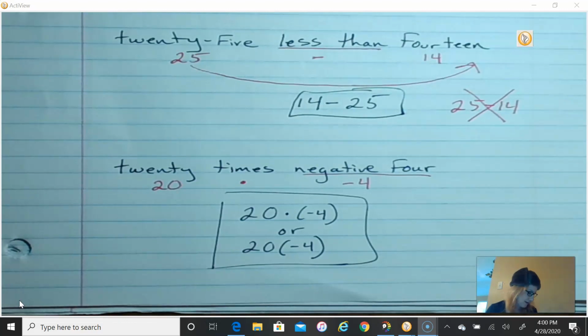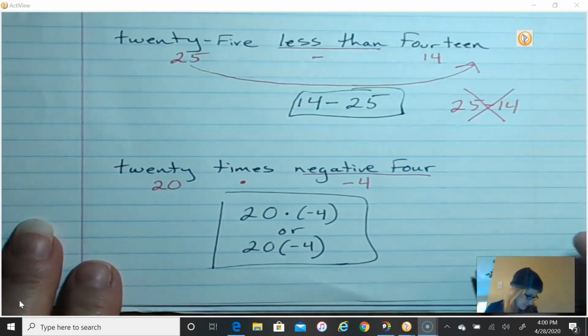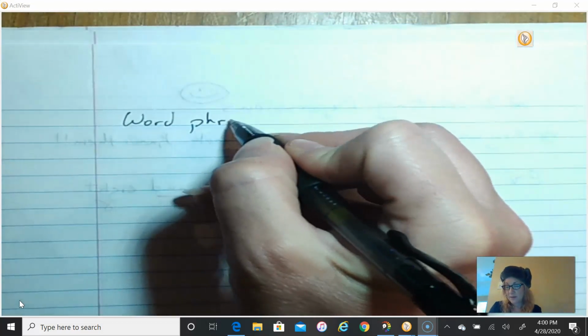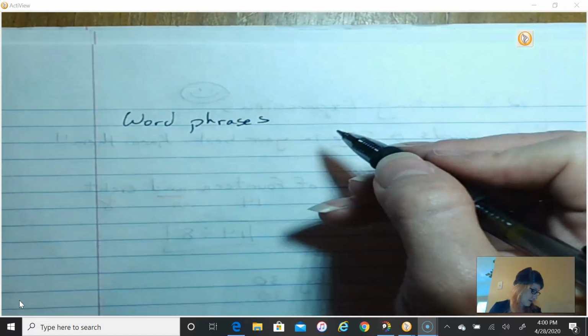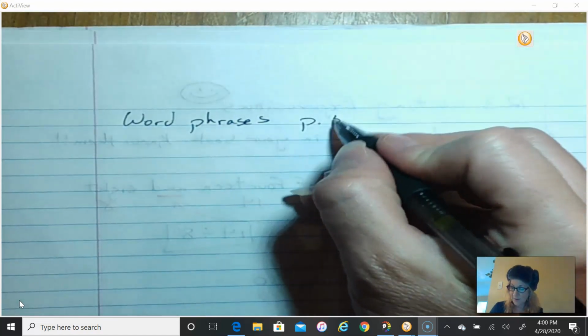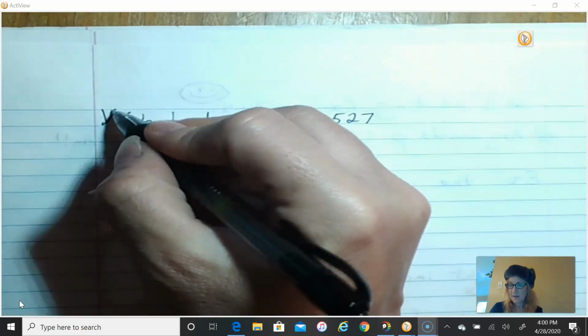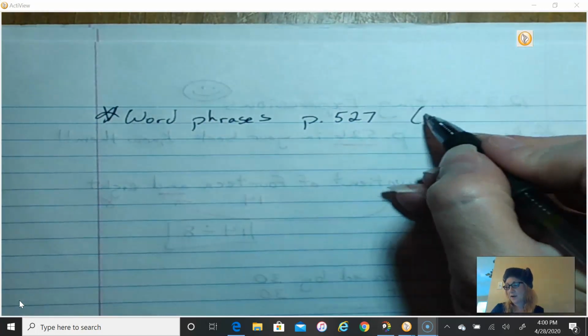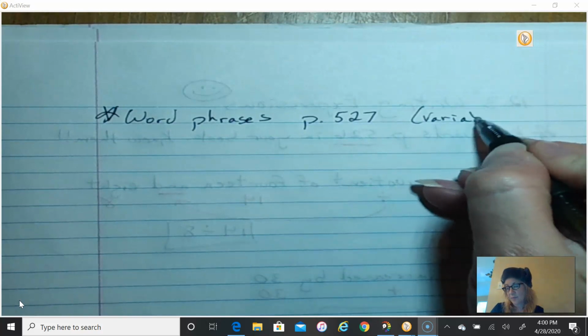Okay, so let's see. There are some common word phrases on page 527. It's basically talking about when to use a variable.